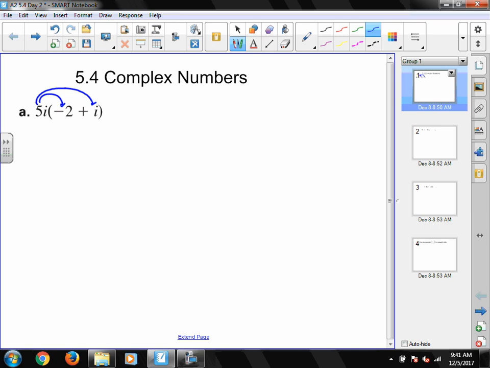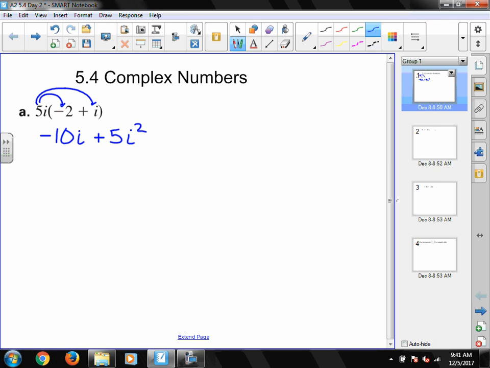So 5i times negative 2 is going to give me 5 times negative 2, which is negative 10, and I just tack that i behind there. And 5i times i, well, now that would be like 5x times x, which would give you 5i squared.